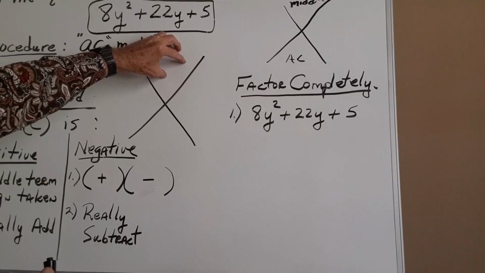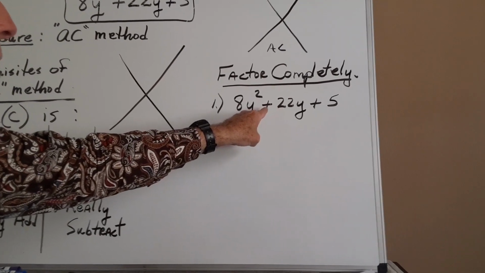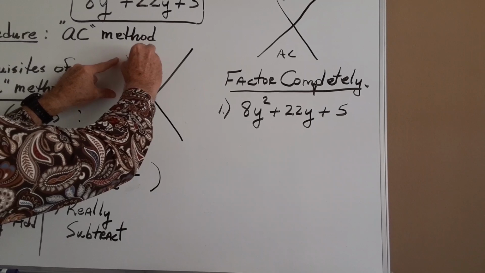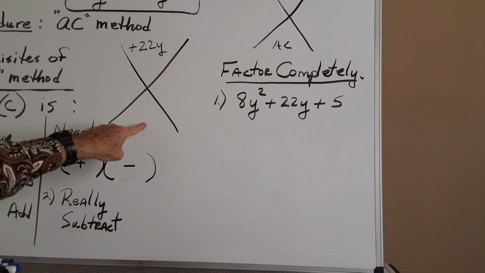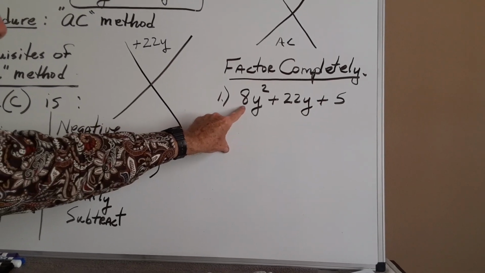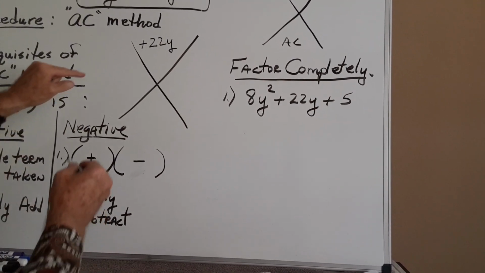Up here at 12 o'clock, put the middle term, the entirety of the middle term. Six o'clock, multiply your A times your C. They're both positive, positive 40.